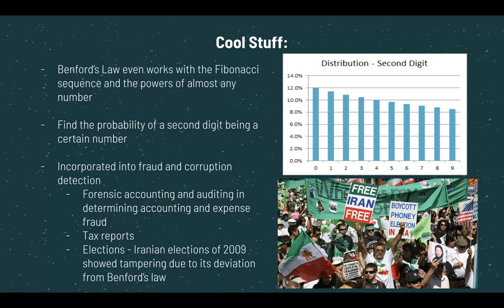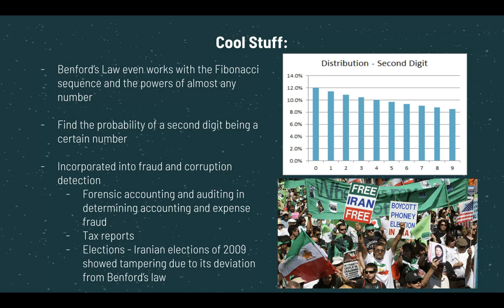And we can also find the probability of a second digit being a certain number, which is in the graph to the right, where you see that the probability of having a second digit of zero is 12%, and it goes all the way down to 9. It's the same kind of trend that we saw with the distribution of the first digit. It's not as extreme, but it's definitely noticeable.